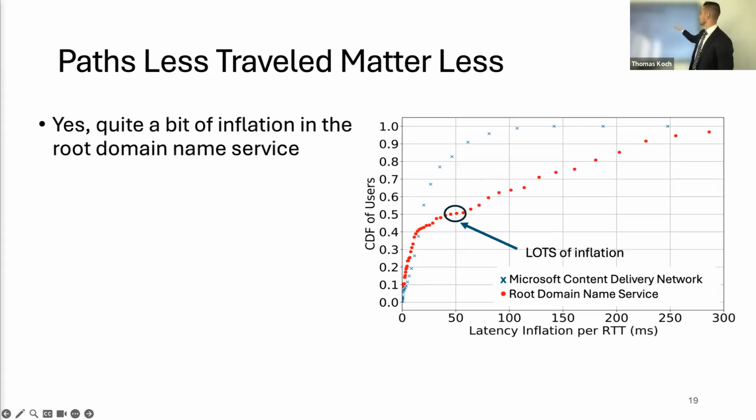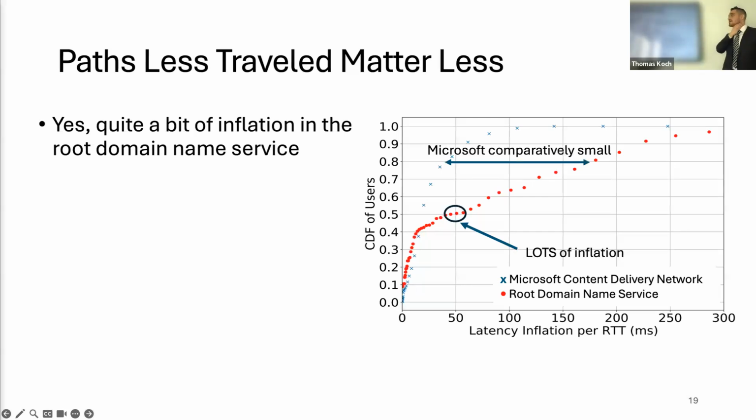The red dots here are showing the root domain name service. The blue X's are showing Microsoft. And so immediately we're seeing there's lots of inflation in the root domain name service. More than half of the users are being inflated by more than 50 milliseconds, which is quite a lot. On the other hand, for Microsoft, inflation is comparatively small, almost an order of magnitude difference in the 80th percentile.